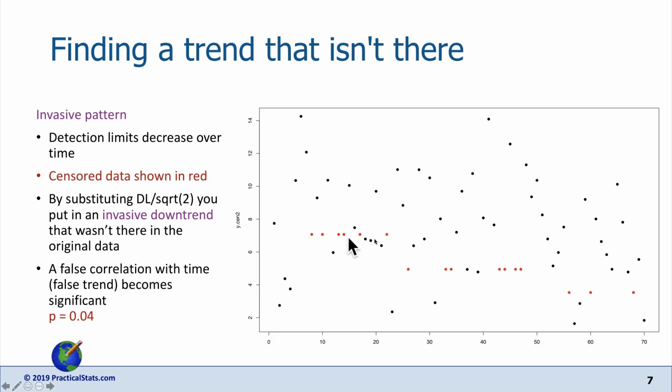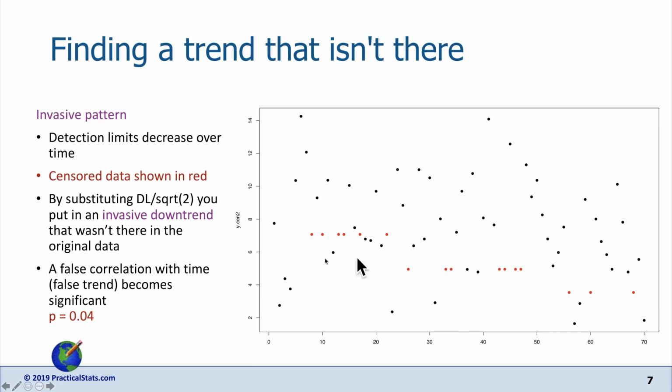The red dots here that you see are the non-detects going down over time, now less than 10, less than 7, and less than 5. And I've put in 10 over the square root of 2, 7 over the square root of 2, and 5 over the square root of 2. So that creates an invasive downtrend, one that was not there in the original data.